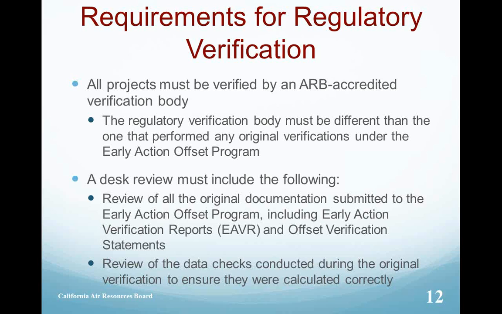The desk review would include a review of all the original documentation submitted to the Early Action Offset Program, including the Early Action Verification Reports and Offset Verification Statements. It will also include a review of the data checks conducted during the original verification to ensure they were calculated correctly. When audited or requested, the desk review verification body must provide documentation on how the decision was reached.